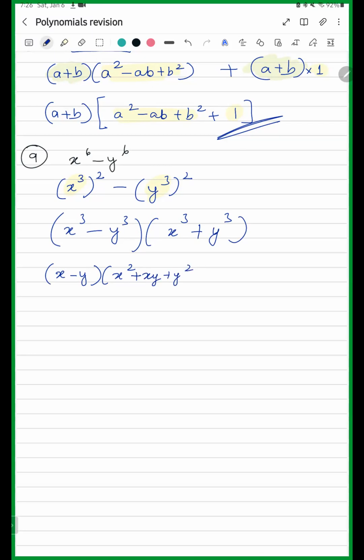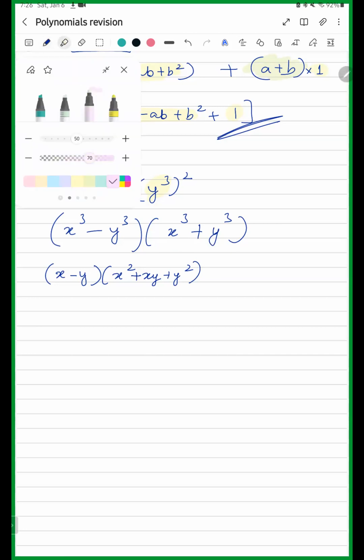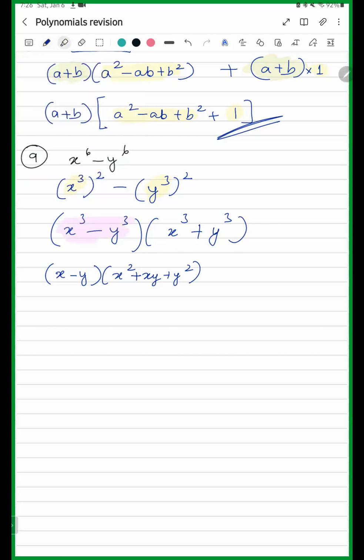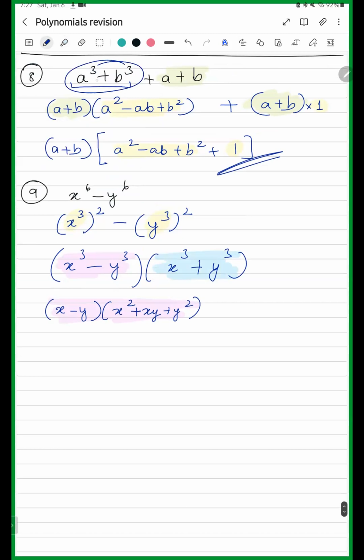And x cube plus y cube is x plus y into x square minus xy plus y square.